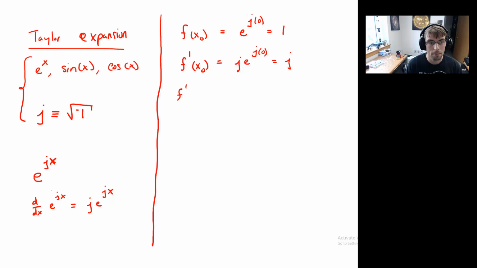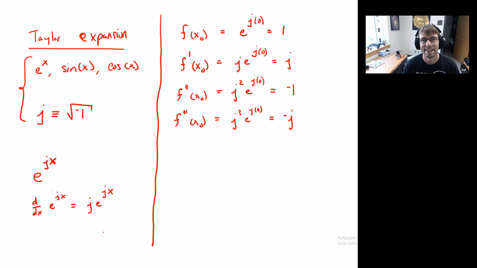Well, how about f double prime of x naught? Now I have j squared e to the j times 0, and hopefully you see it, I get a -1, which is kind of goofy. And keep going. If I do an f triple prime of x naught, I get j cubed e to the j times 0, which equals -j. Oh, that's so cool. You see it.